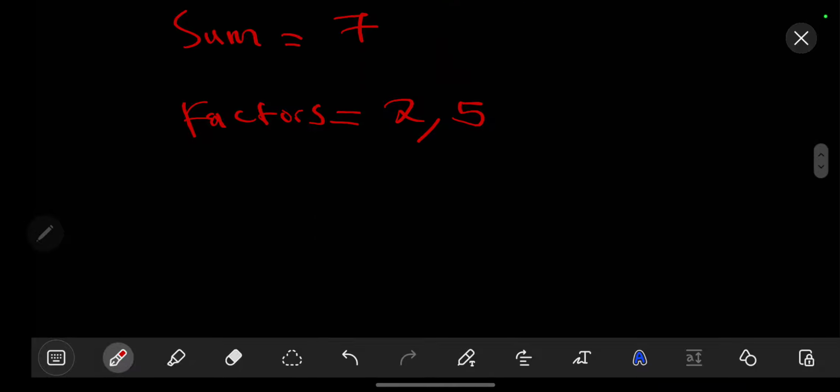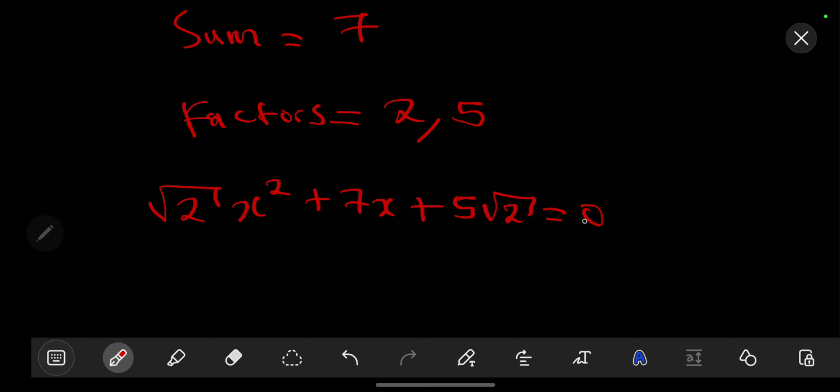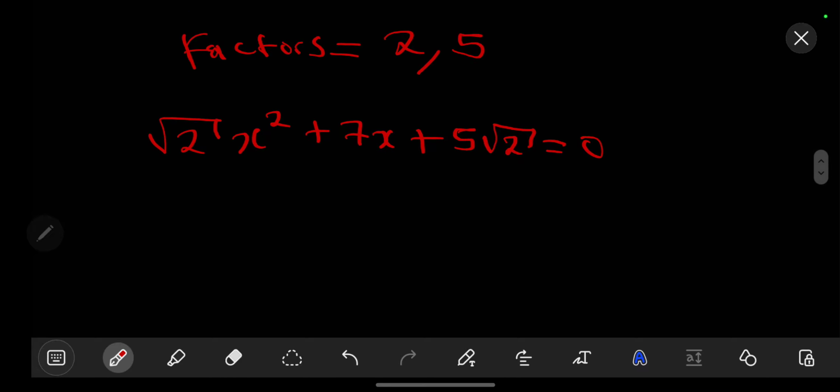Then looking at our original equation, it's saying that the square root of 2 x squared plus 7x plus 5 square root of 2 should be equal to 0. So what we are going to do is replace the middle term.